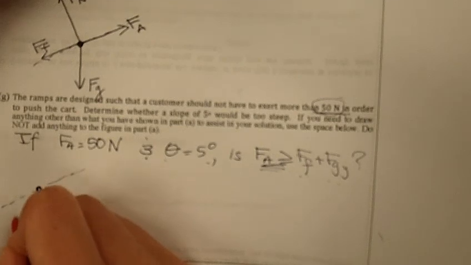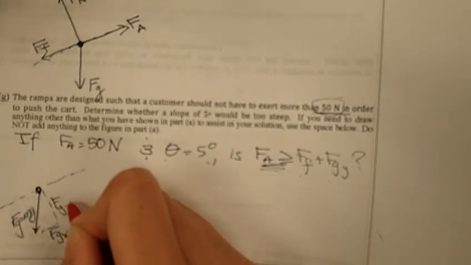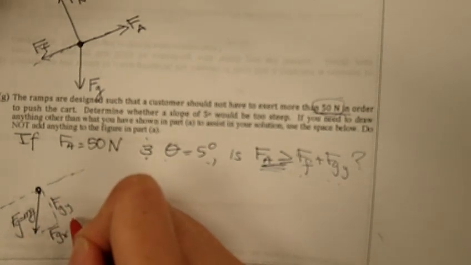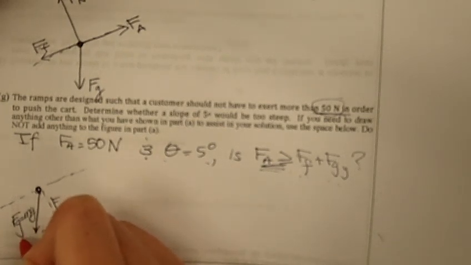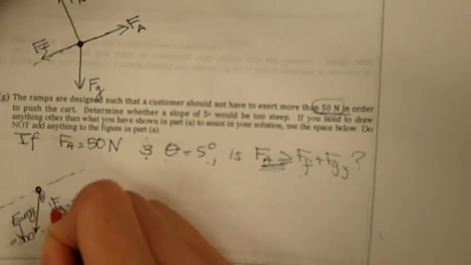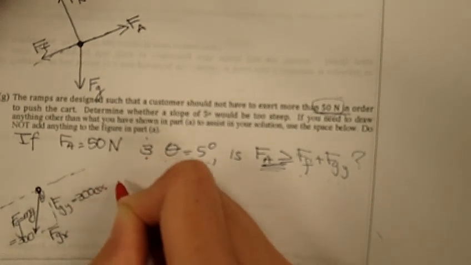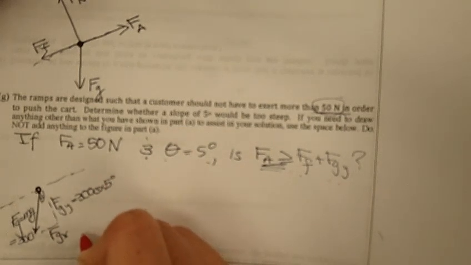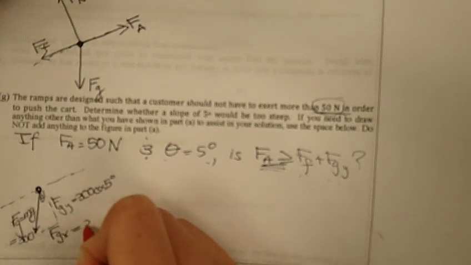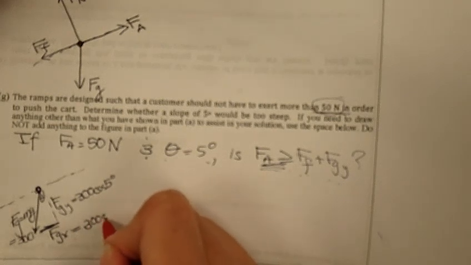Okay, so we know that Fg is equal to mg, and in this case, m is 30 kilograms, g is 10, so Fg is equal to 300. Okay. Fgy will be 300 cosine 5 degrees, if that is our incline. Fgx will be 300, because this is opposite, sine 5 degrees.